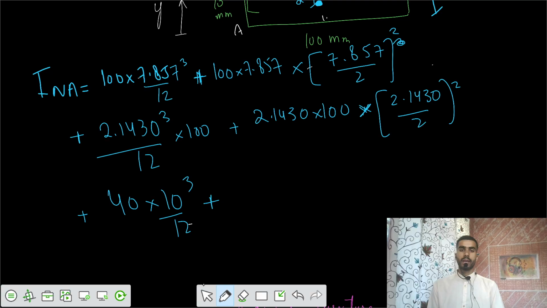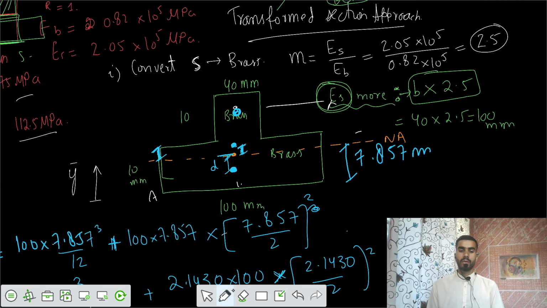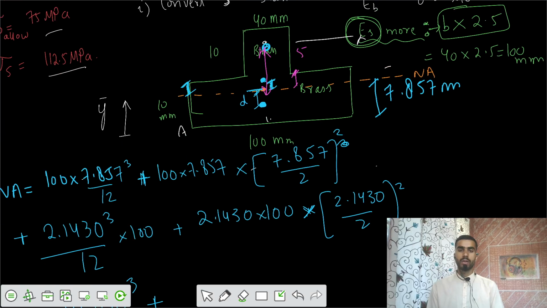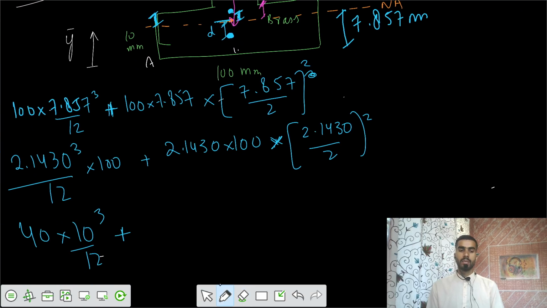And then after that we have the effect from the neutral axis to that center. I would say this distance d3 dash is 5 plus the value we calculated, 2.1430. So I would write plus the area 40 into 10, and d square equals 5 plus 2.1430 whole square.